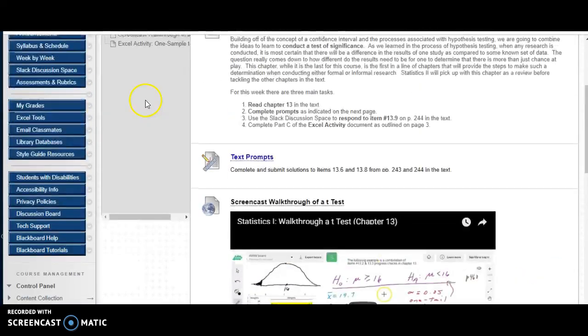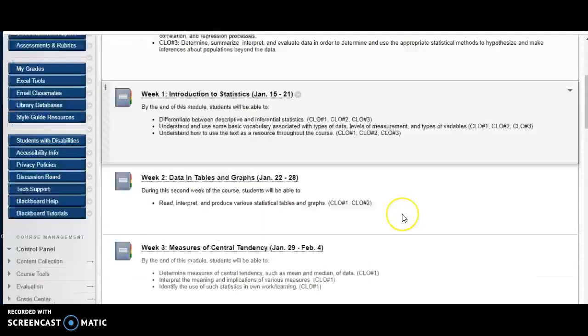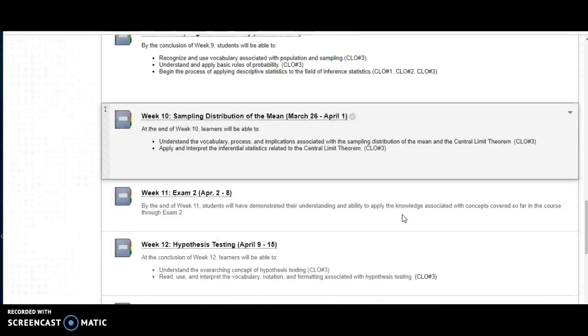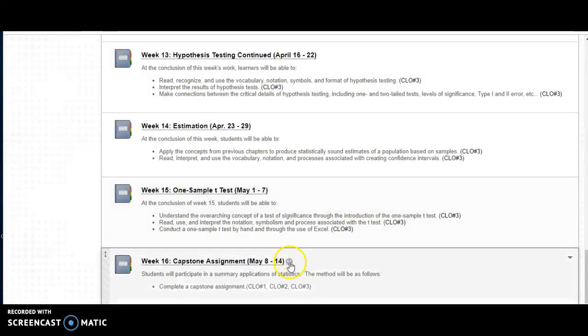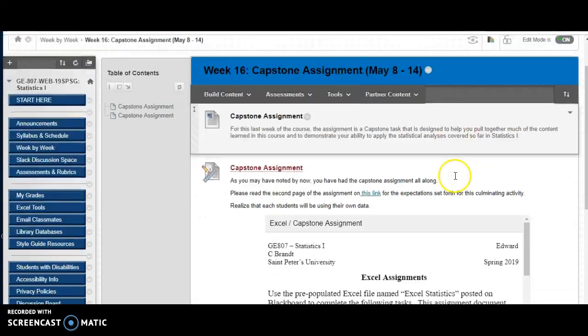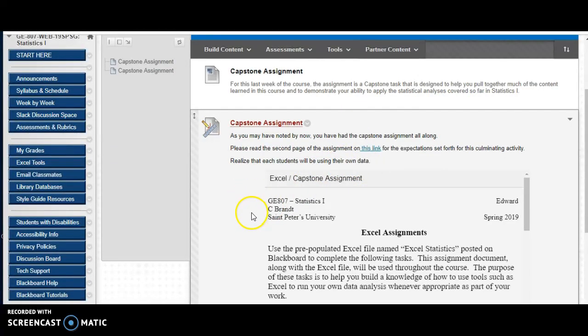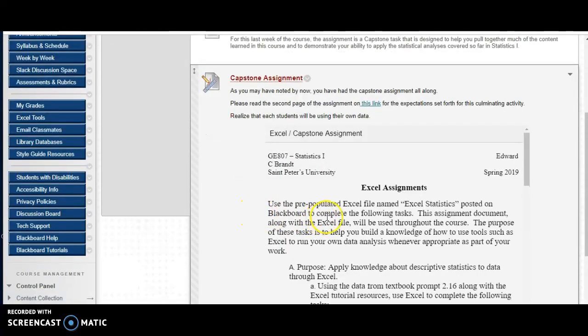And then for the last week, the culminating week of the course, instead of having an exam that reviews the entire course, I'm trying to make it so that this course can be meaningful to you and either your work or your academic career. And it's a capstone assignment. And this assignment basically takes different parts of the course.